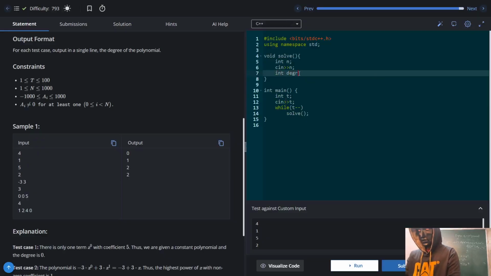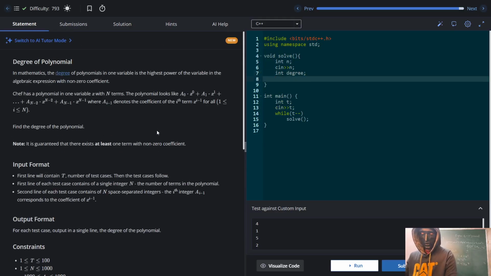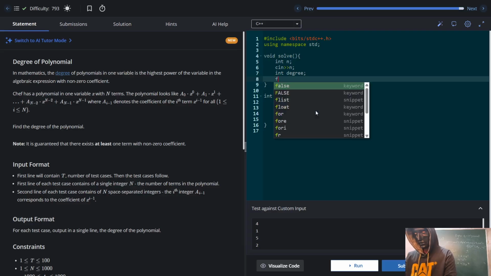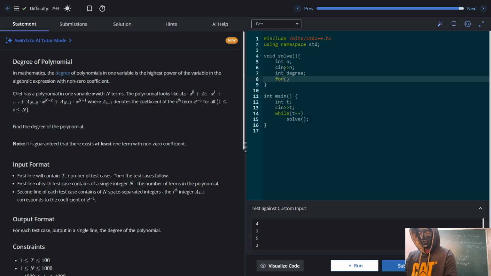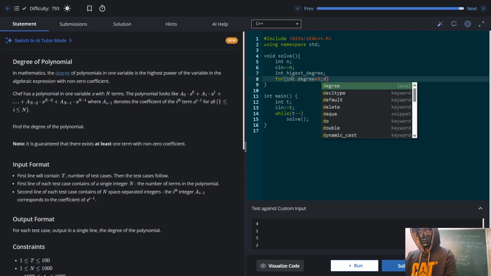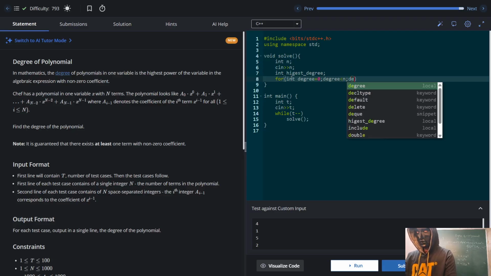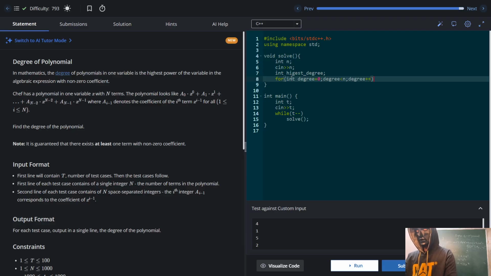So I'll be taking one degree variable, which initially will not have any value, and in the question they've said there definitely exists one term with non-zero coefficient, which means the degree of the polynomial will exist. That's why I'm not initializing with any value. Let me call it highest degree, okay, and I'll be starting my degree with 0, and your degree will go till n minus 1, and your degree will increase 1 by 1.